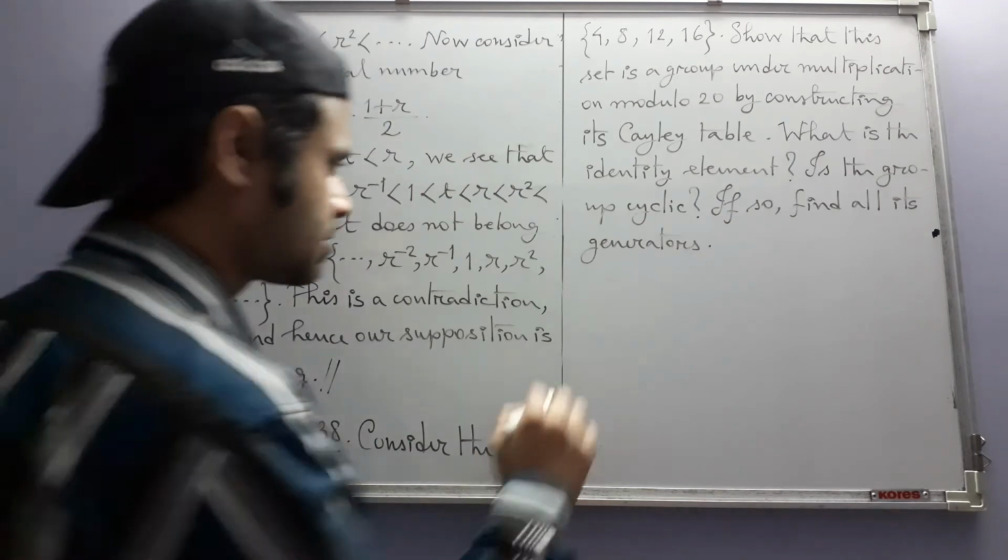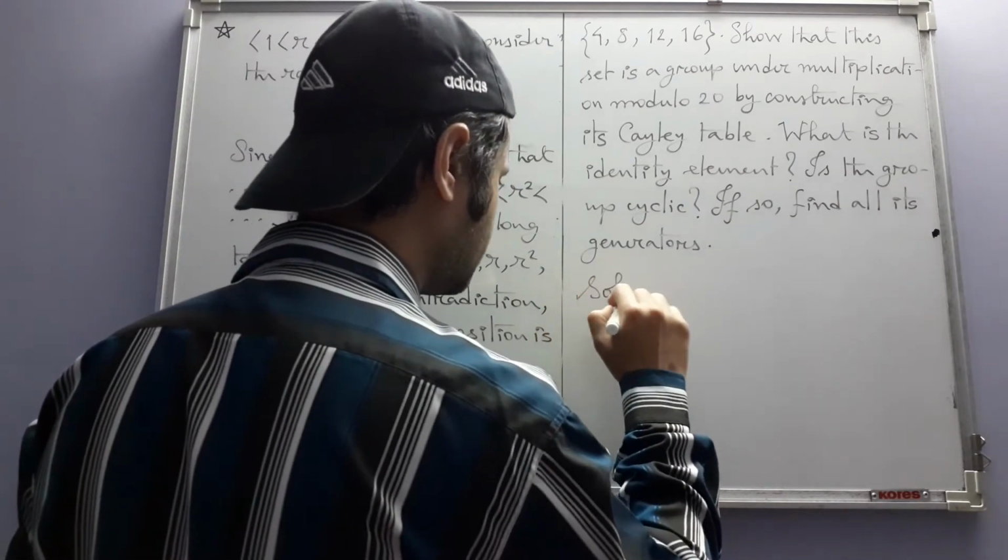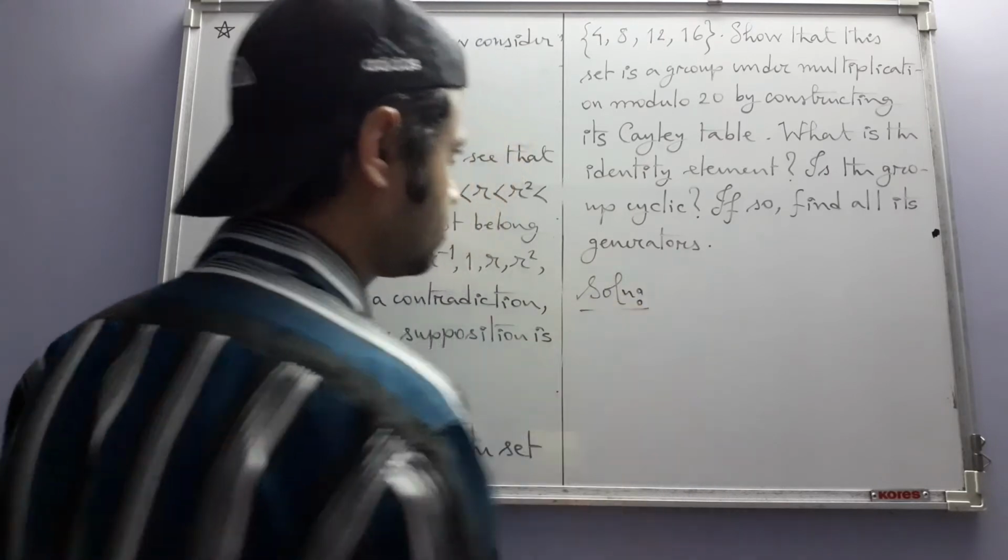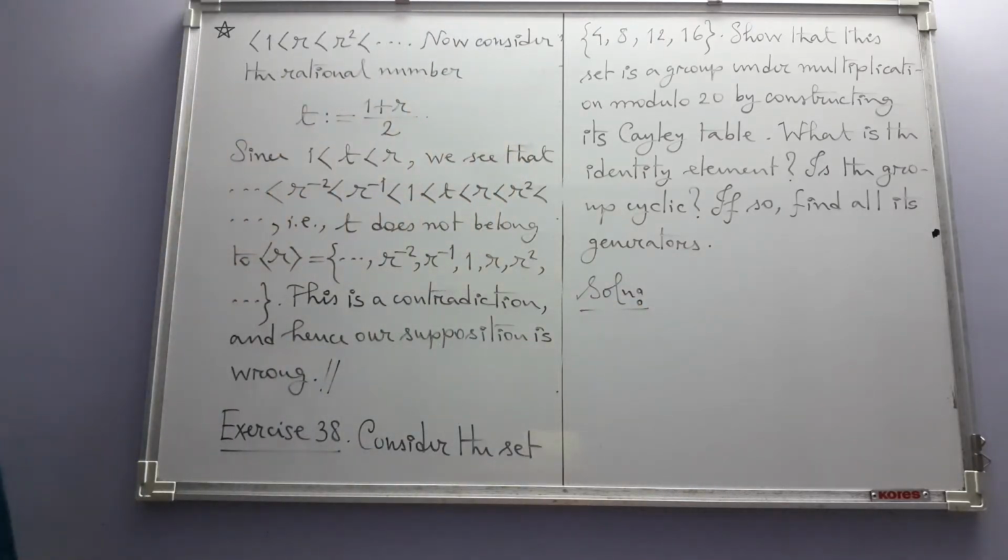Okay, so let us create the Cayley table. There are 4 elements.